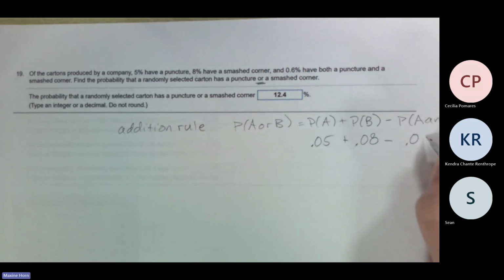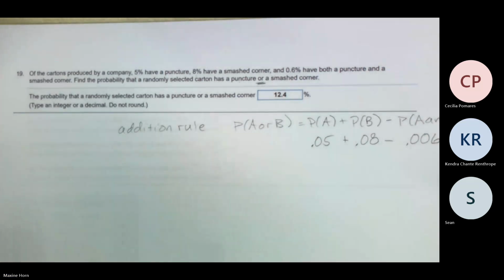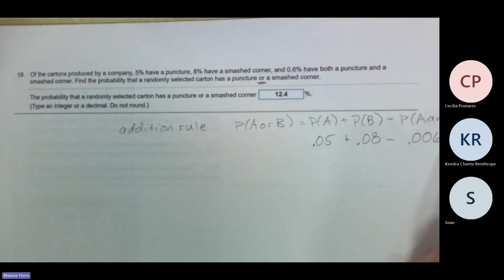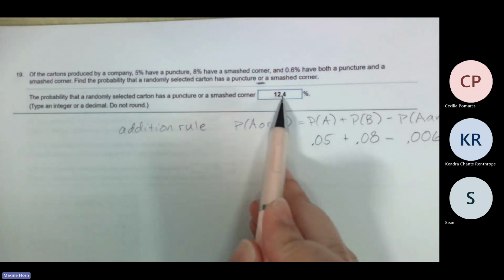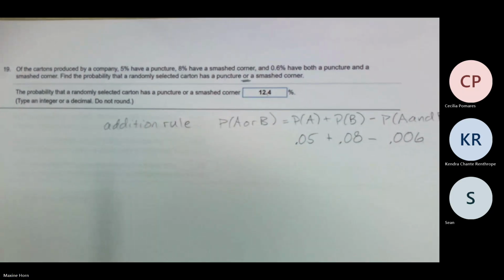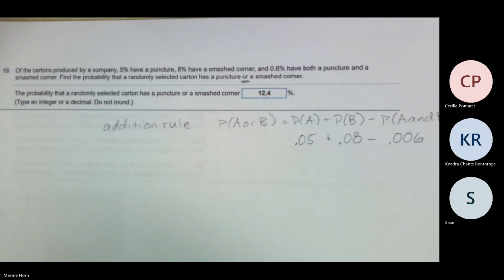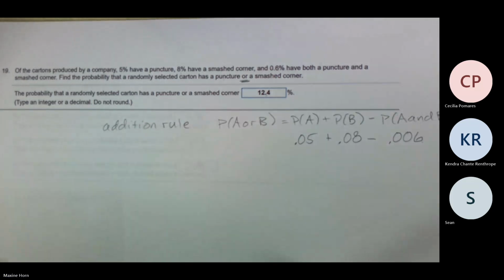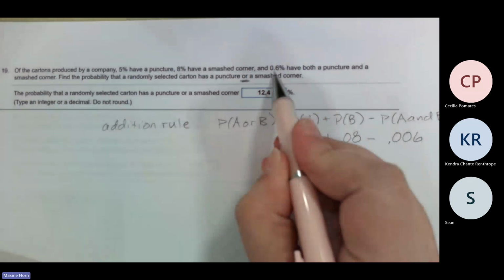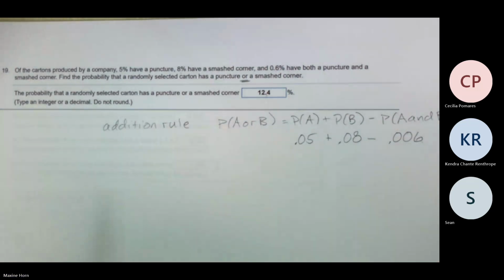So just be careful with your decimals here, that's 0.006. Okay, so we're going to add these up and then subtract where they overlap, and that's how we're getting our 12.4%. Okay, just again, be careful with your decimals here. You don't want to accidentally put a 0.06 because that would be 6%, and it's not. It's 0.6%. Okay. All right.